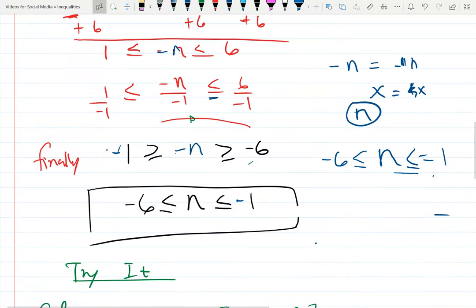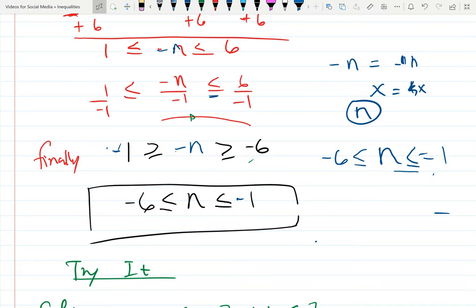What did we say in the previous video? When we divide by a negative number, the inequality sign reverses. So here, when we divide by negative 1, we have n, and this sign, less than or equal to, becomes greater than or equal to negative 6, since 6 divided by negative 1 is negative 6.